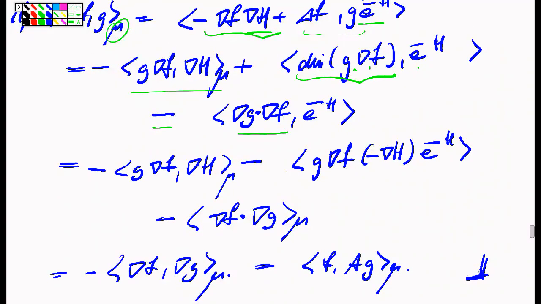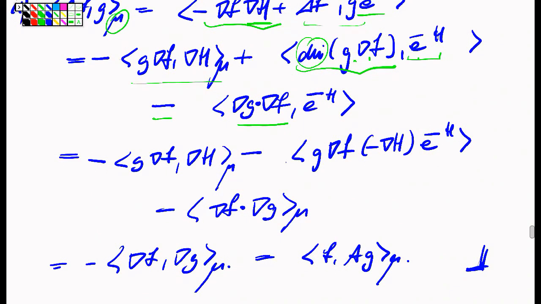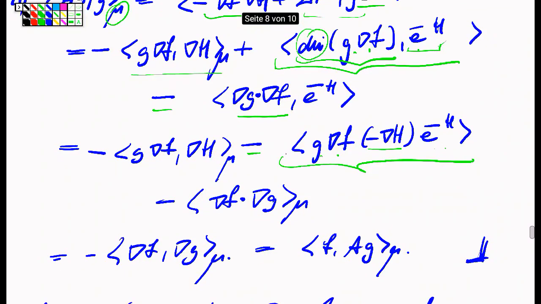And now I can perform an integration by parts in the usual form. Namely, I can map this divergence operation as a gradient operation on this scalar function at the expense of an additional minus. So therefore this term here will be translated into g times gradient f times minus the gradient of e to the minus h, because by chain rule the gradient of e to the minus h is a minus gradient h times e to the minus h.